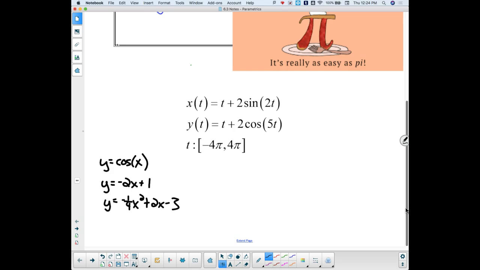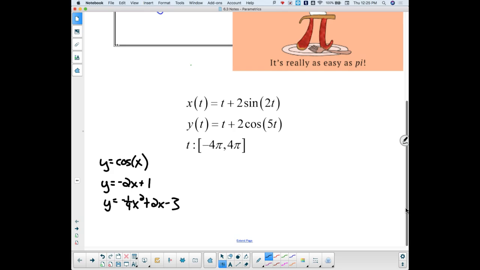X and Y are each defined as a function of something else. So x is defined as a function, and y is defined as a function. That's definitely different, where each variable is defined as a different function.